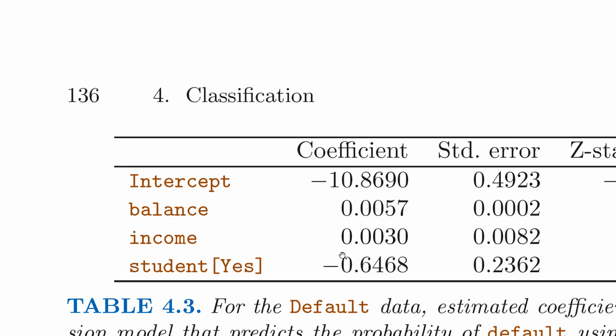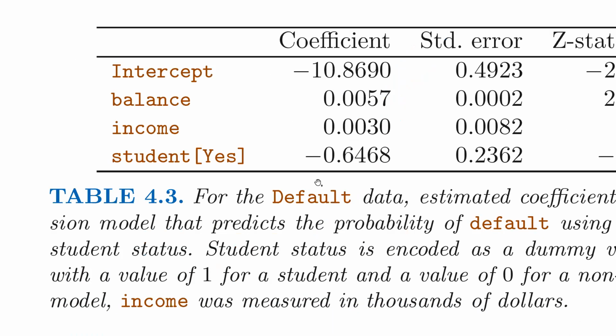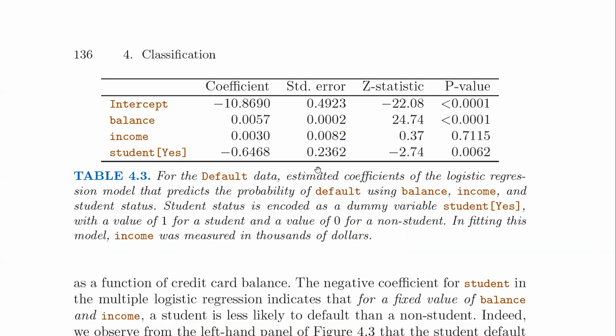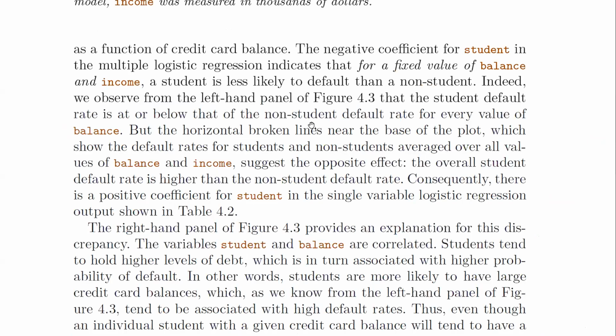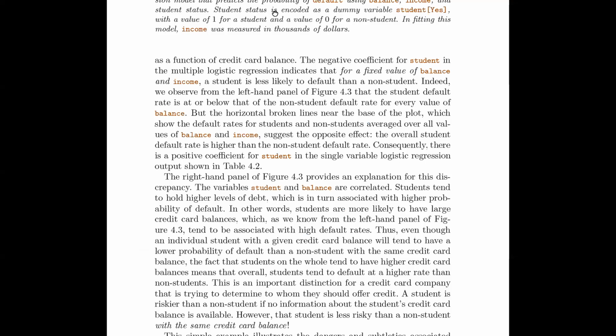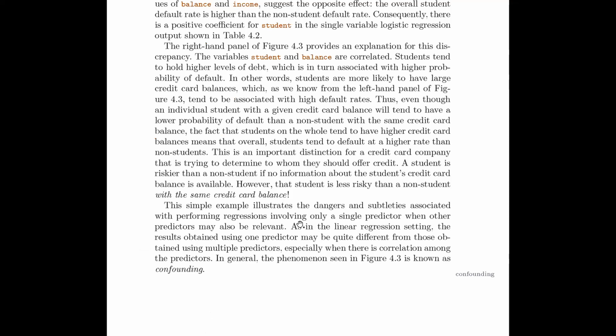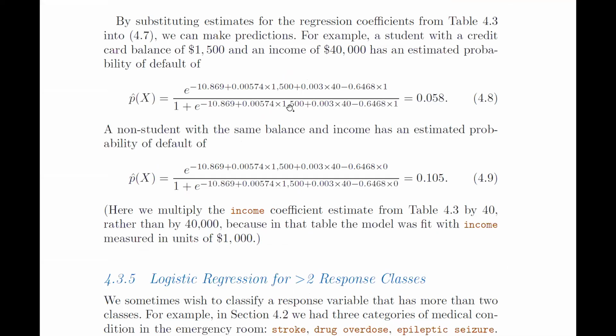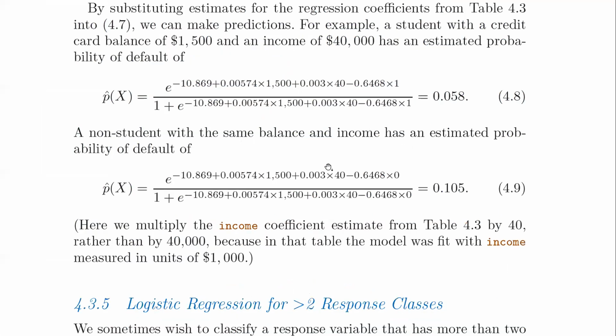And this is why we get negative. Actually, if you are a student, you are a safer bet once we allow for balance and income. Like I said, we're just going over things very quickly over here. And then we took a specific example. I think this was the very last thing we did.